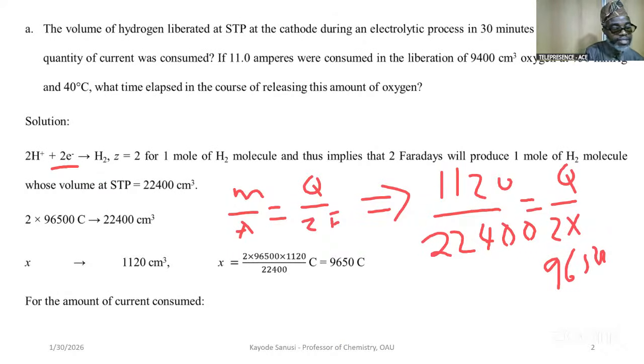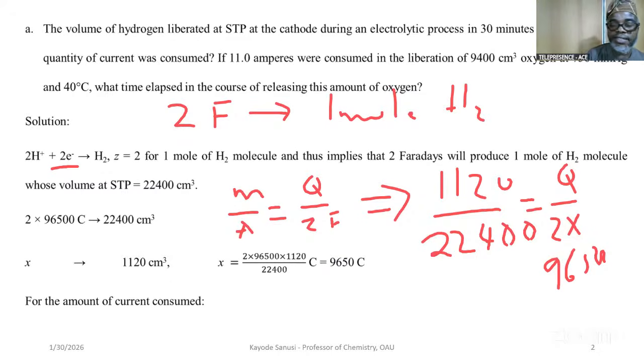But this is just simple proportion. This is another alternative that can be used. You can just use a simple proportion, since you know that 2 Faraday will be required to produce 1 mole of hydrogen gas.